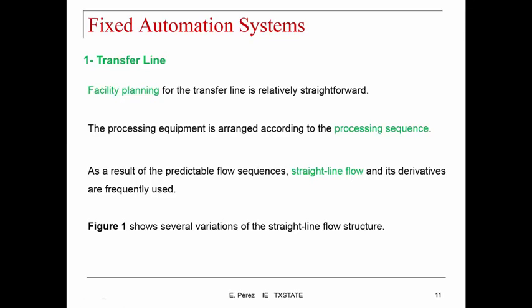Facilities planning for the transfer line is very straightforward. The processing equipment is arranged according to the processing sequence. As a result of the predictable flow sequences, a straight line flow and its derivatives are frequently used, and that's what I'm going to show on the next slide.